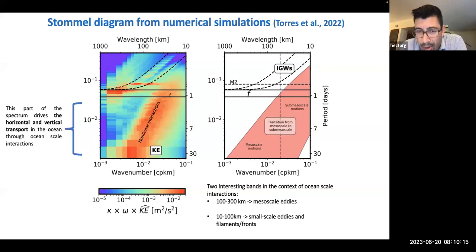Now going to the frequency and wavenumber space for models, we learned that the nonlinear interactions are located in this part of the spectrum, where the kinetic energy is distributed continuously across wavenumber and frequency. From here you can also identify which spatial or temporal scales the mesoscales are located in.